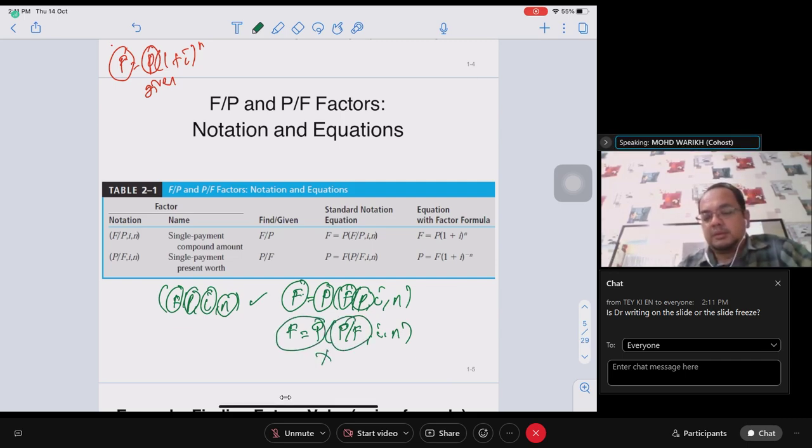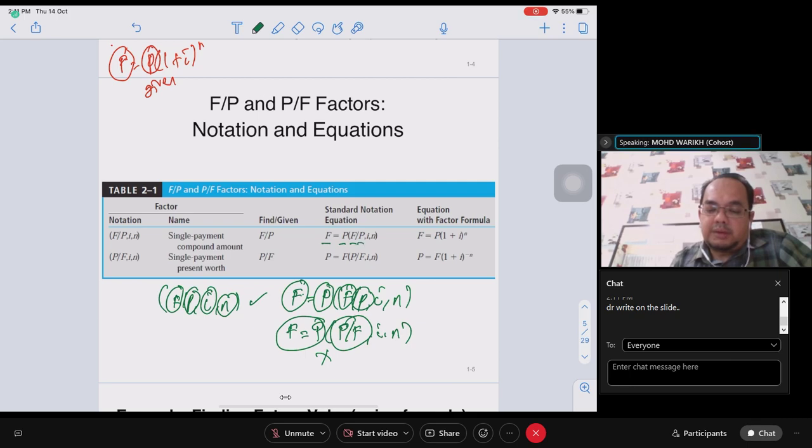In writing, FP or PF, make sure that if you have to find F, you write this one. If asked about the P, you have to write the other one.